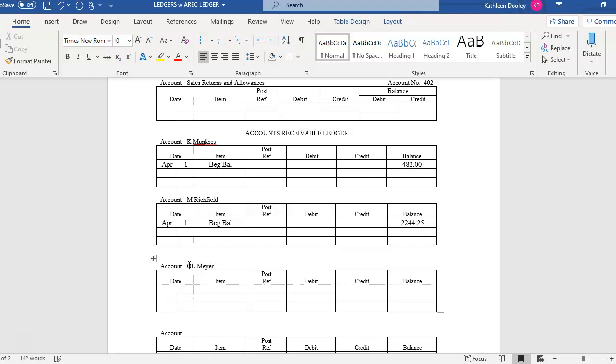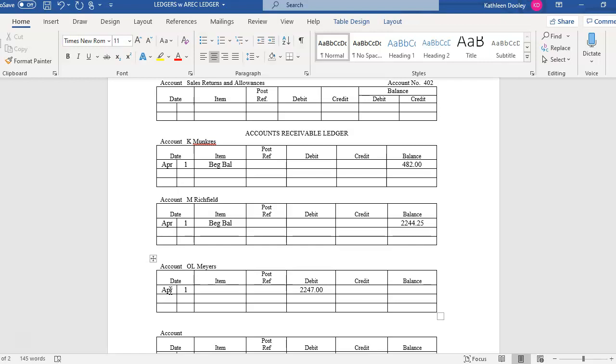O.L. Myers. Okay, then we're going to copy the date, April 1st. This is just like posting in the general ledger that you did in chapter 4. Okay, and I don't have anything in the item column. Step 2 is to copy the amount. This was $2,247 debit to O.L. Myers, so I've got that in.